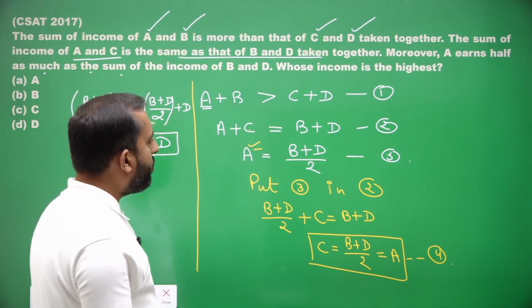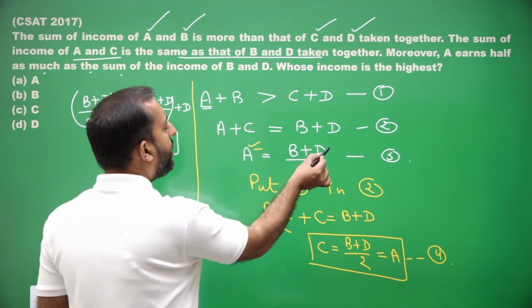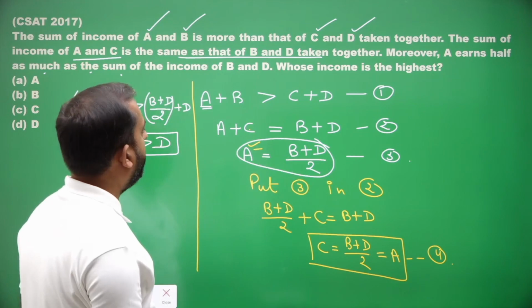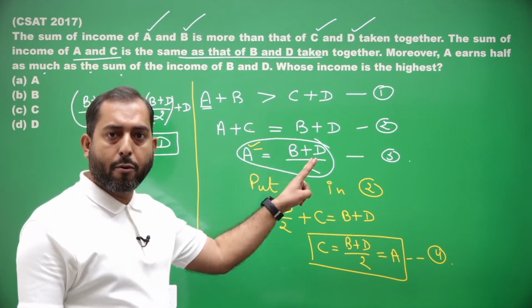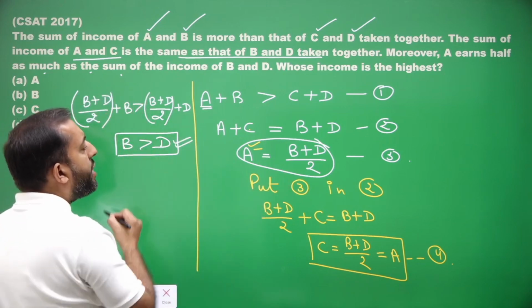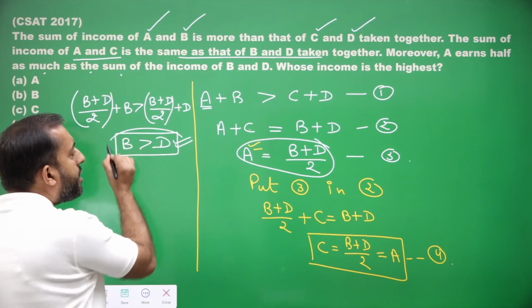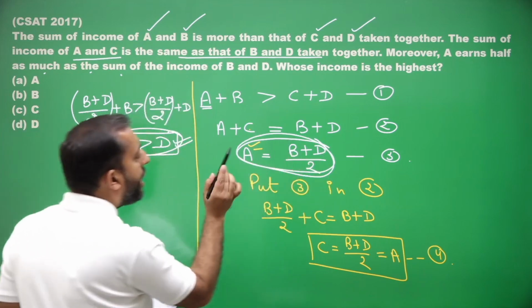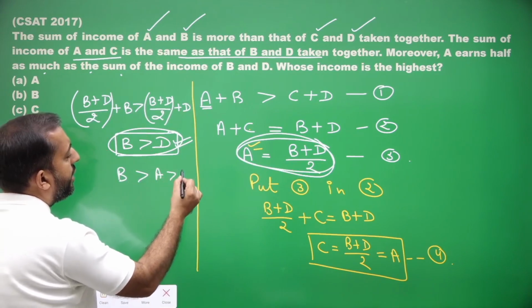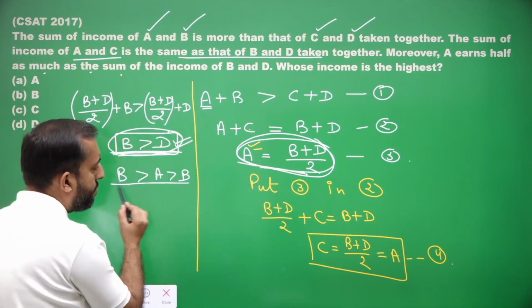Now we already know that A is greater than B plus D upon 2, and B is also greater than D. So by combining this information and this information, I can make a statement that B is greater than A as well as greater than D.